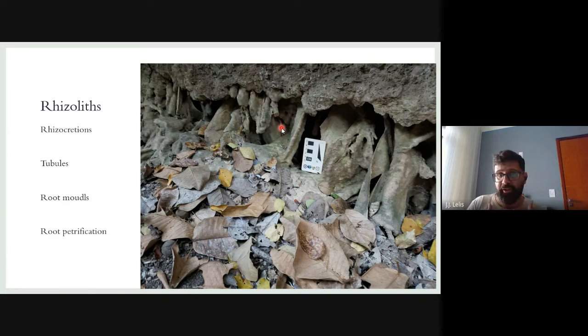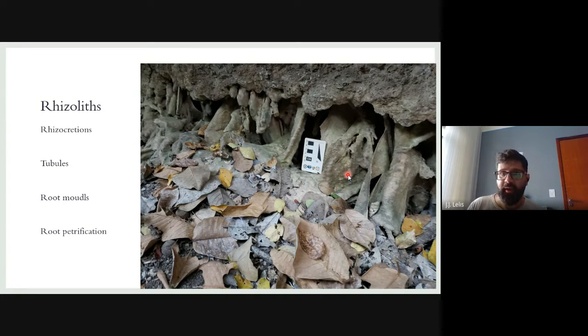We usually see this kind of feature in areas that have a high content of calcium carbonate, like in this area. I took this picture in Araripe Plateau, in a region that has some limestones, so calcium carbonate is abundant in this area, and these soils present a lot of calcium carbonate.